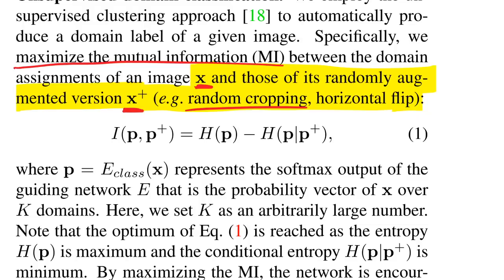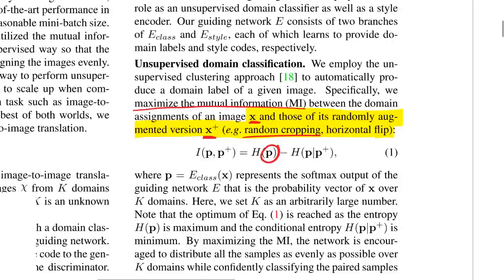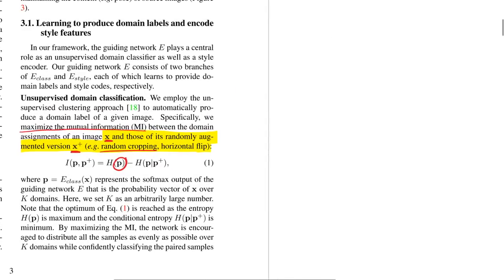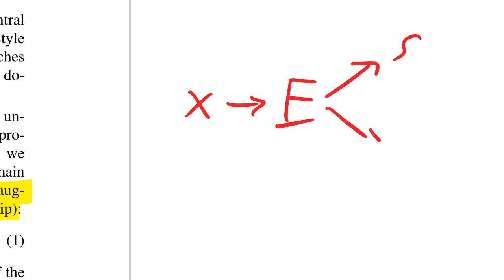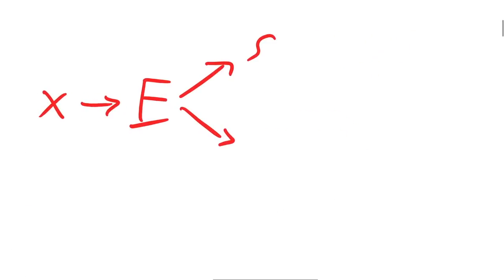not between the images themselves, but P is going to be this output of the encoder. So X goes into the encoder, and the encoder outputs the style and the class label. And the class label here, so P is going to be the class distribution.